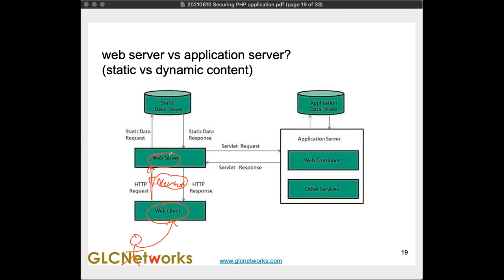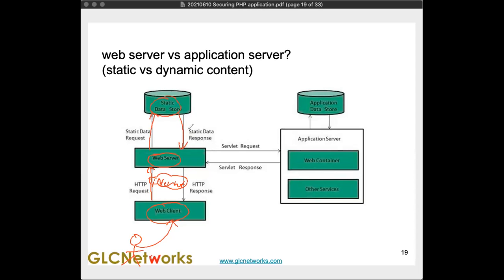Those we call HTML elements. If that element is static, it is already included in the web server, and the web server will retrieve the data from the static data store, for example the file system, and then reply.